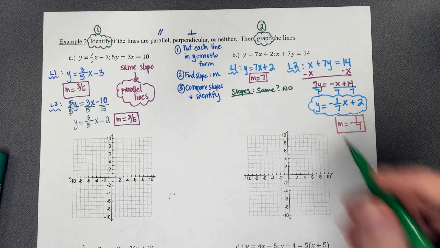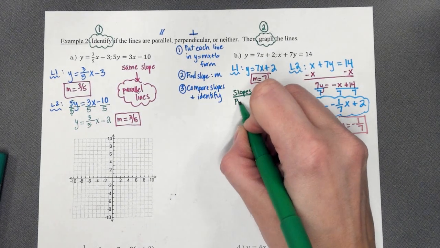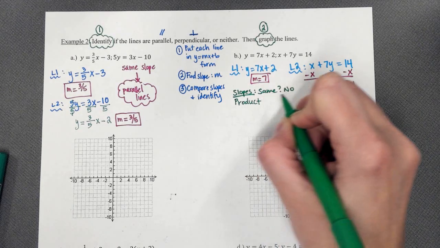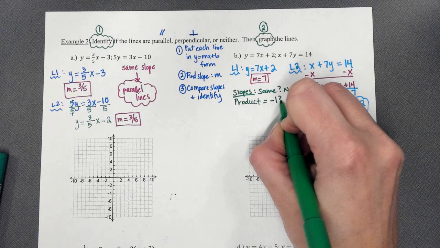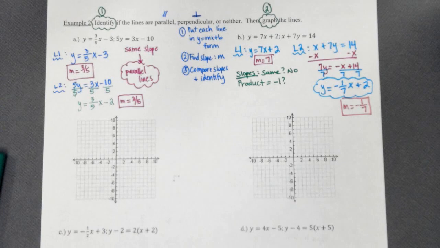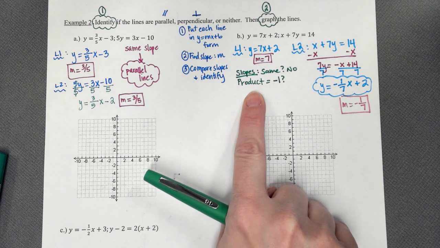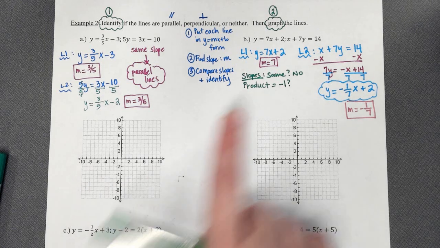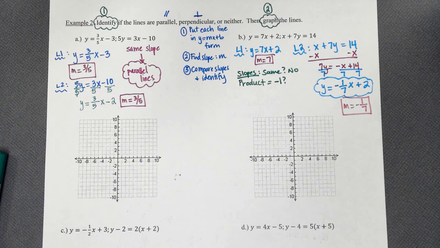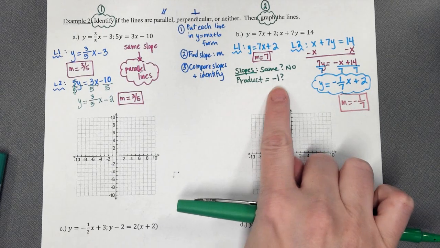And the easiest way to find that is to multiply them and see if the product is equal to negative 1. So we're going to do that part together. So will you guys write that down, because you are going to be doing this on your own for the next ones, not this one, but I want you to have that direction.